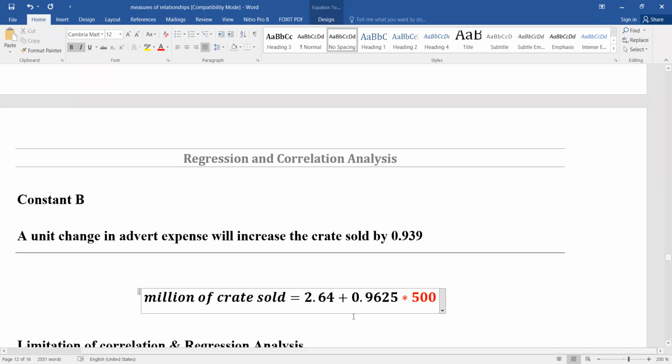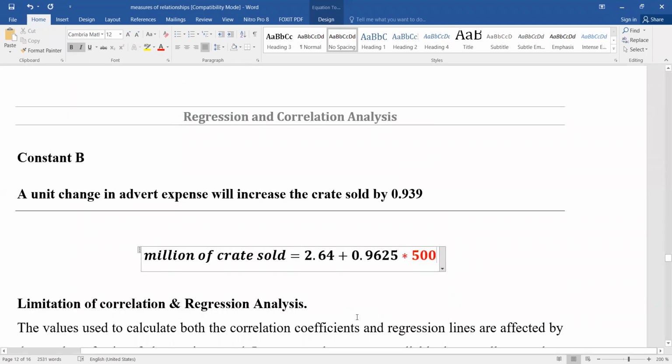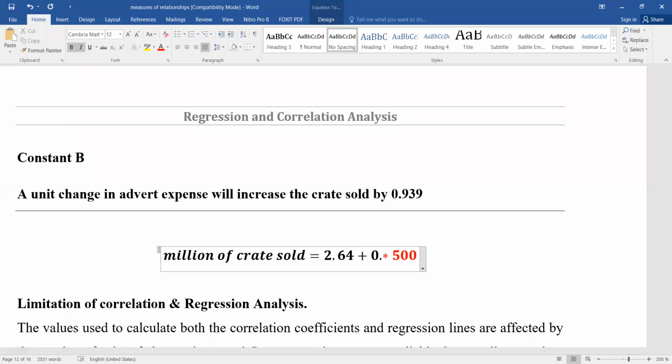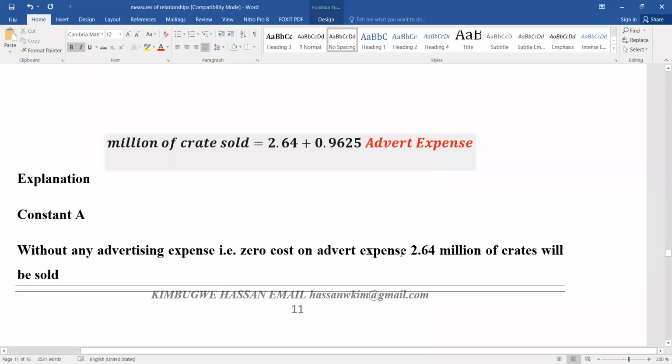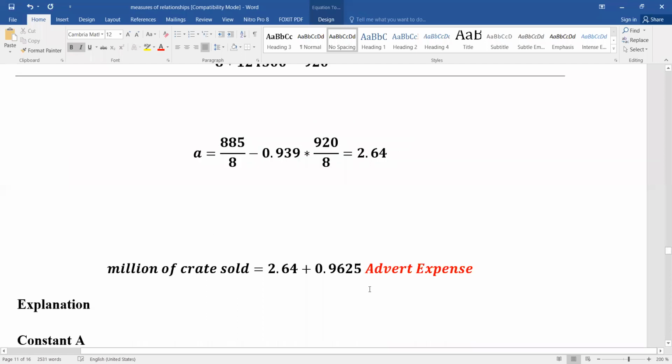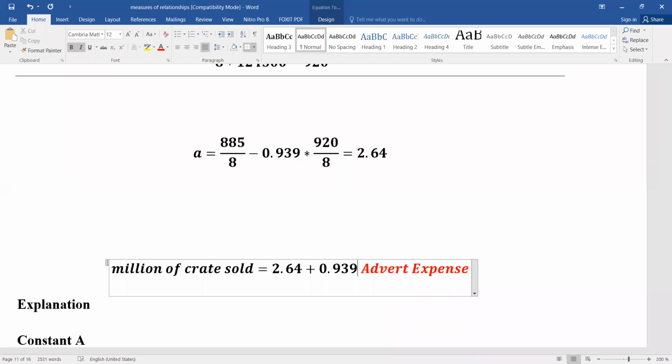So what are we getting here? I don't know why you're getting different answers. This should have been 0.939 beta. And here we have 0.939, 0.939.